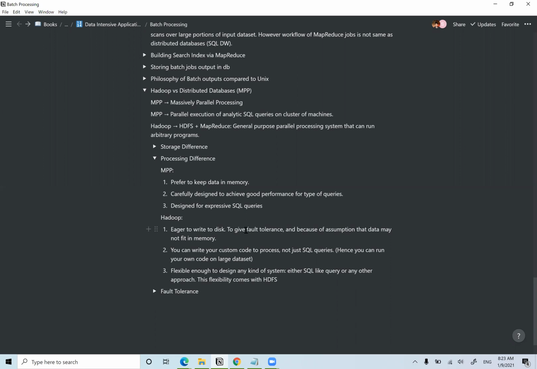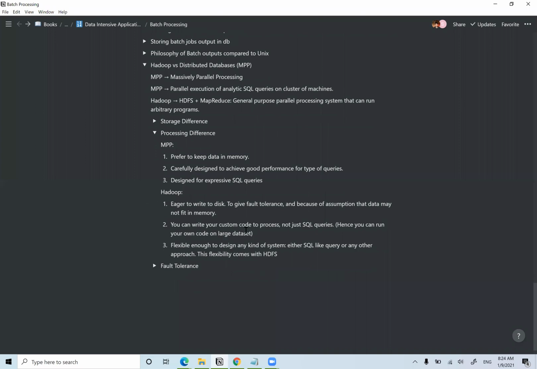If you are storing things in memory, then if a fault occurs, you will lose your data in memory, right? And the other reason is that the intermediate outputs it is producing are generally expected to be much larger, so they cannot fit in memory. So that's another reason that it's eager to spill data to disk.